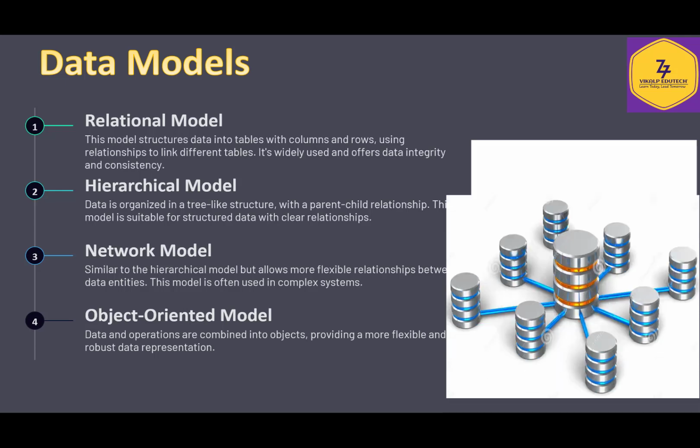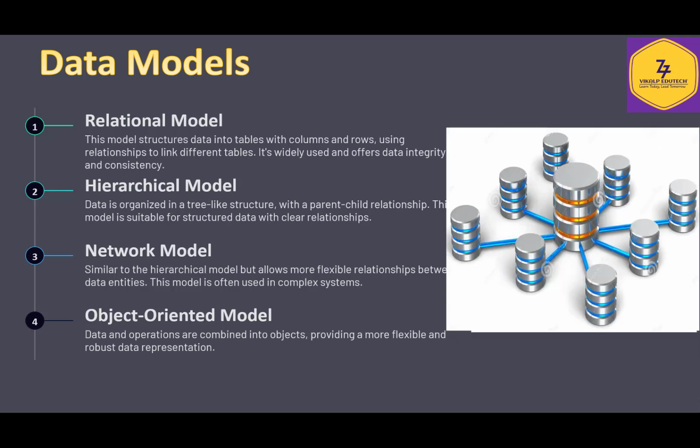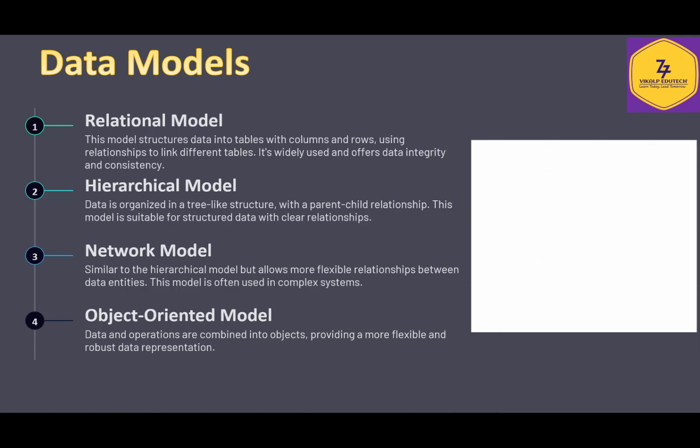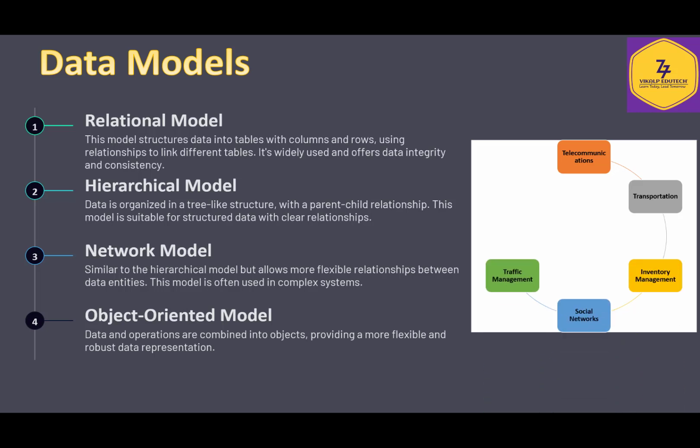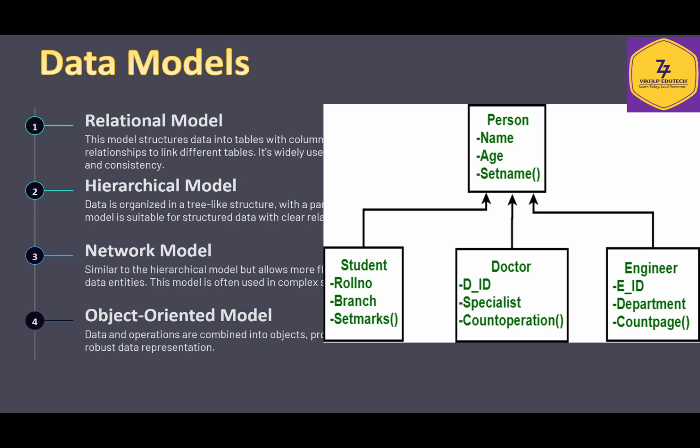Network model. Similar to the hierarchical model, but allows more flexible relationships between data entities. This model is often used in complex systems like telecommunications, transportation, inventory management, social networks, traffic management, and supply chain management. Object-oriented model.